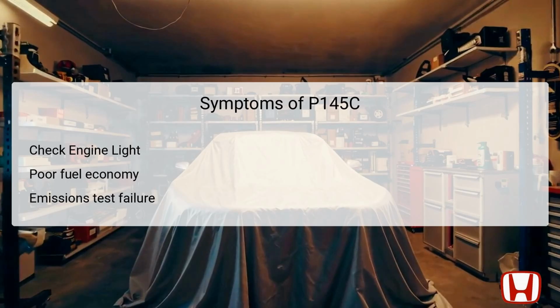Additionally, drivers may notice a decrease in fuel economy, as the vehicle may compensate for the malfunctioning evaporative emission system. In cases where the emission system is monitored through official inspections, the vehicle may fail emissions testing due to the presence of this DTC. Understanding these symptoms is crucial for diagnosing the issue and proactively addressing performance impacts.